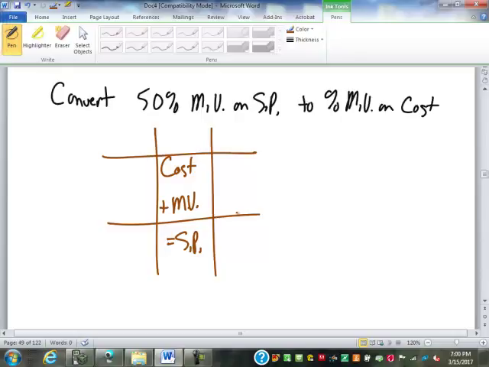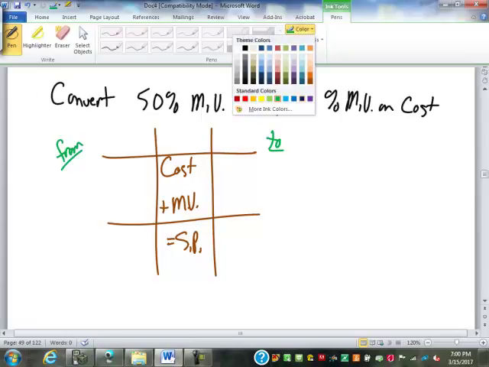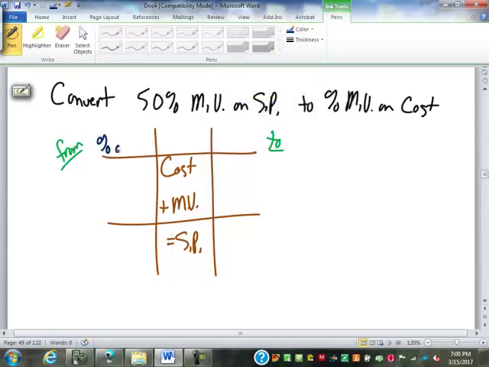Now it is totally up to you whether you always want to do the from on the left side and the to on the right side, or some people prefer to always have the markup on cost on the left side and on selling price on the right side. It really doesn't matter. If I put percent on cost on this side, I'm going to erase the to and from.